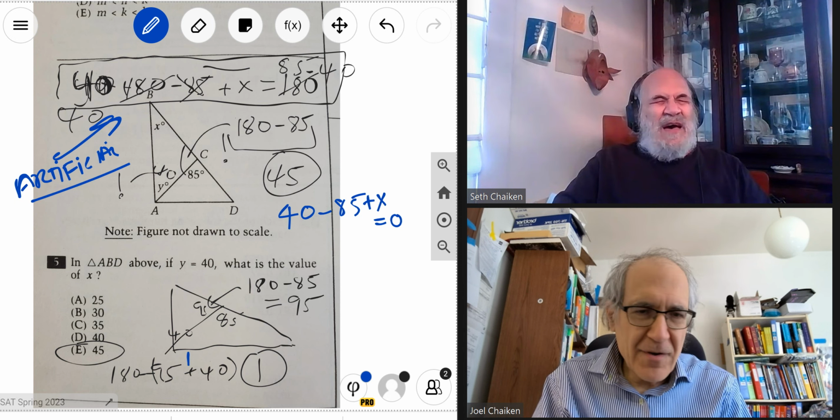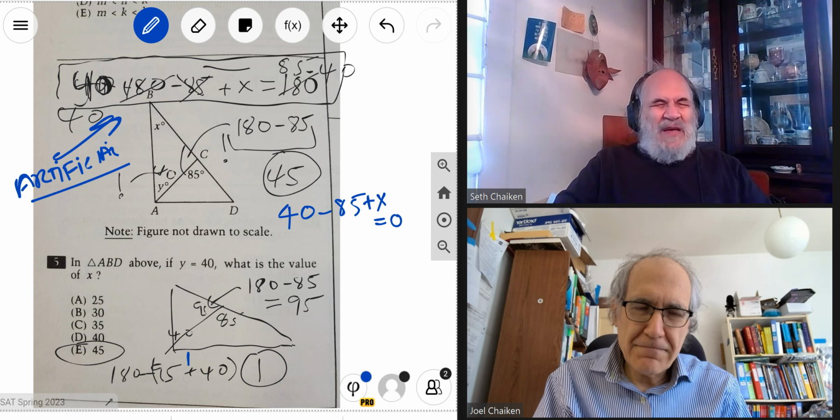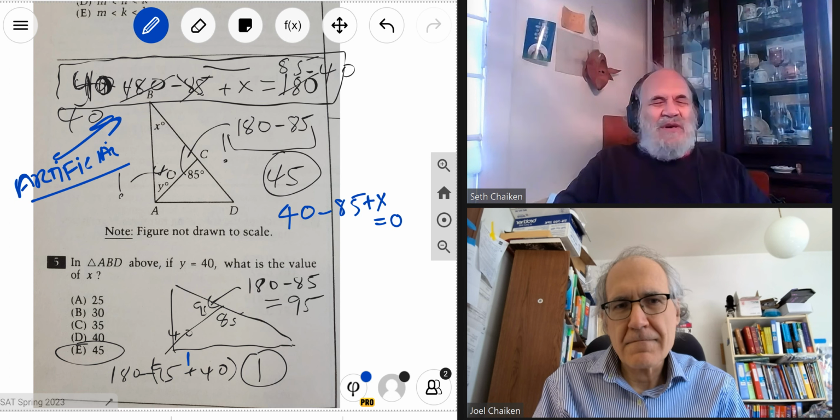Get an expression. If the answer is a number, write out an expression for that number in arithmetic. Absolutely.